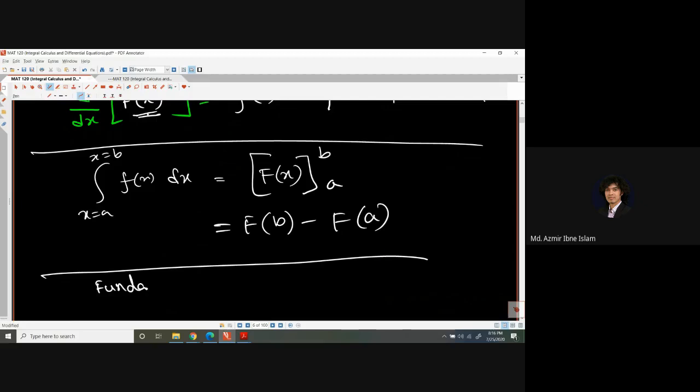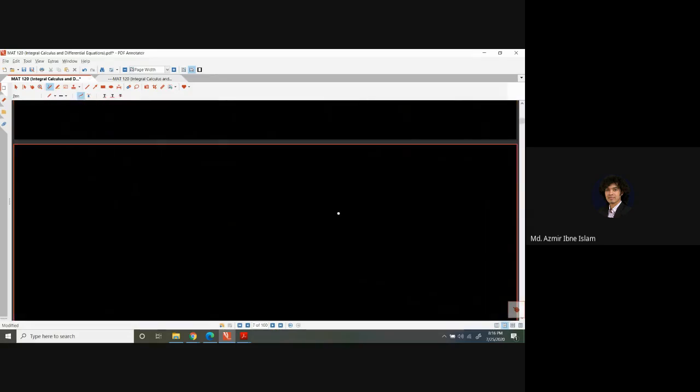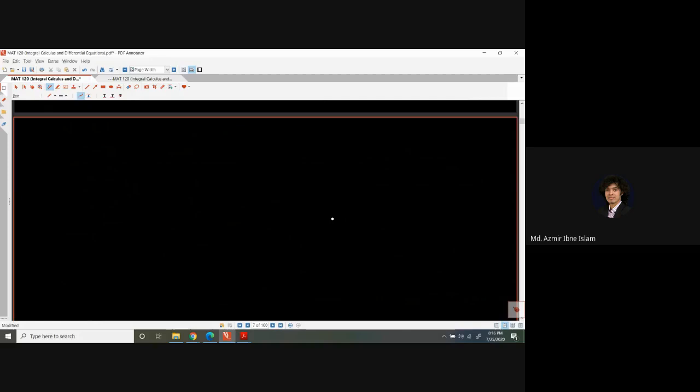The concept I have established here is d/dx of capital F(x) equals small f(x). You will understand if I show you one example.